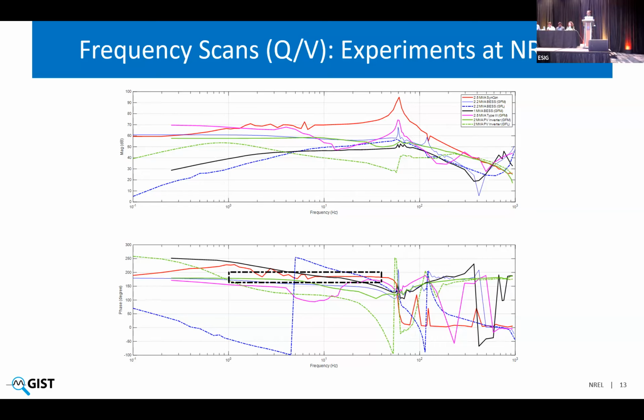Similarly, there's a set of green curves for a 2 MVA PV inverter, which for the solid line is grid forming, and for the dash line is grid following. But the point is that you can really quantify whether the resource is acting as a stiff voltage source, providing you grid strength or not, by looking at these frequency scans.